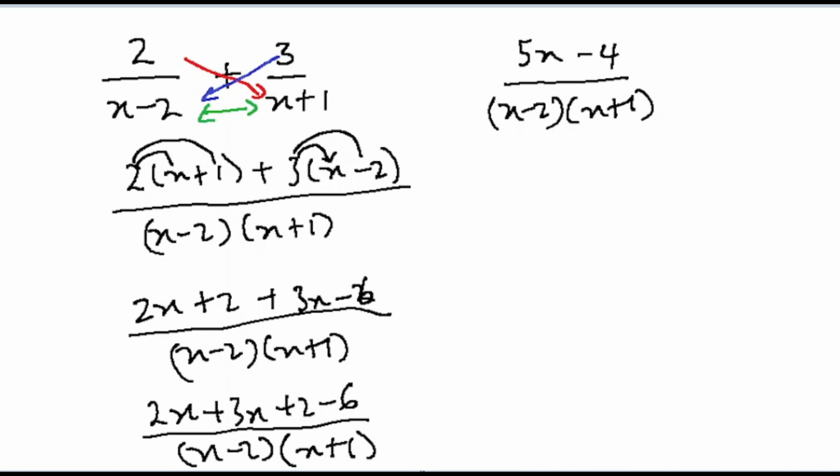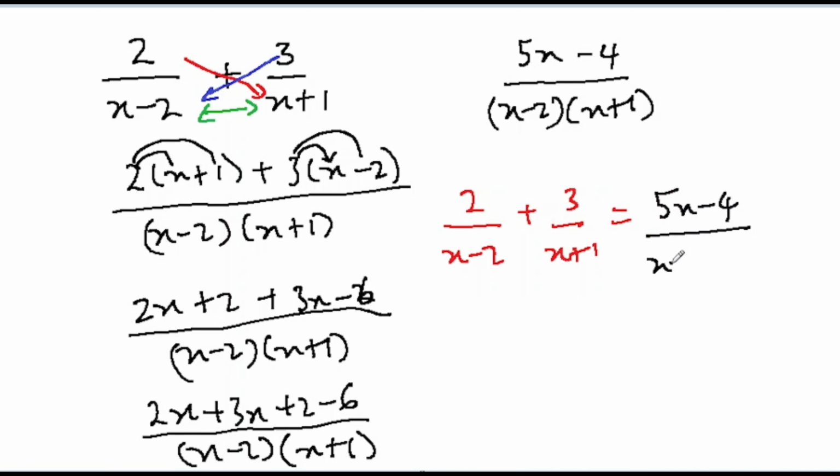So what we have here now is the addition of 2 divided by x minus 2 plus 3 divided by x plus 1. The addition of these two algebraic fractions is going to give us 5x minus 4 divided by x minus 2, x plus 1.